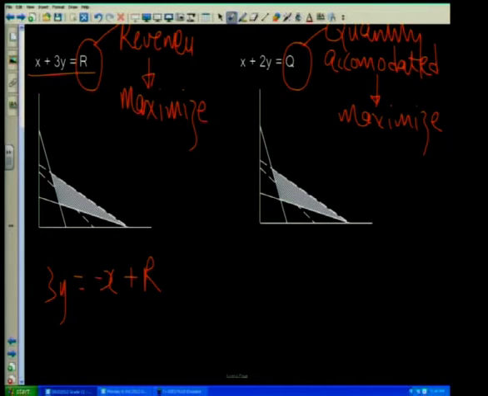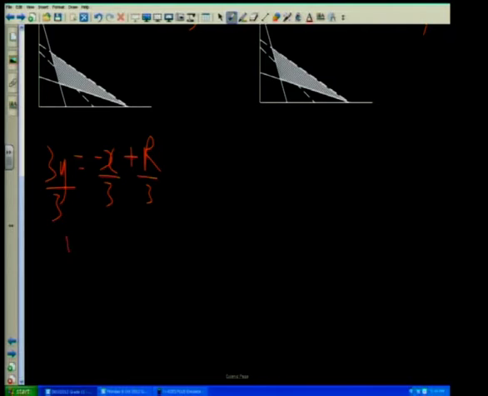Then you divide everything by 3, and you end up with y equals minus 1 over 3 x plus r divided by 3. So that becomes the y-intercept that you want to optimize. And obviously, as the y-intercept increases, it corresponds with the highest revenue.